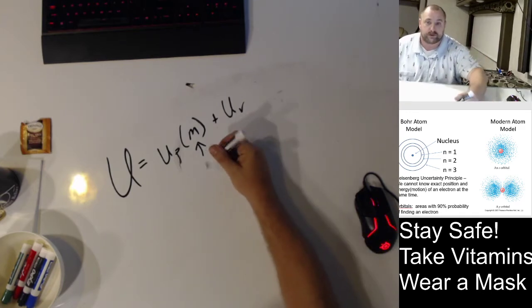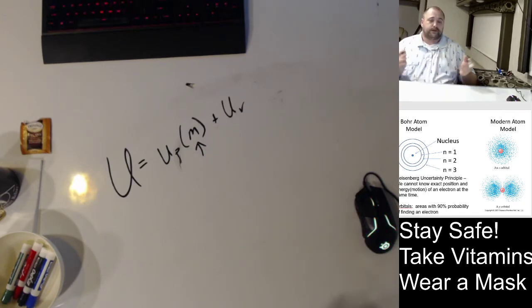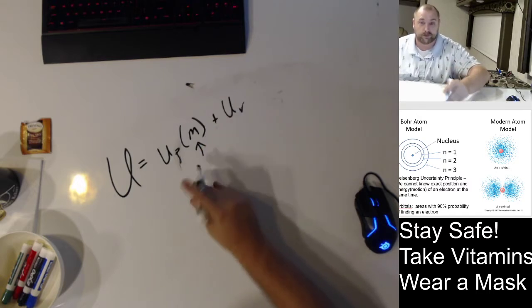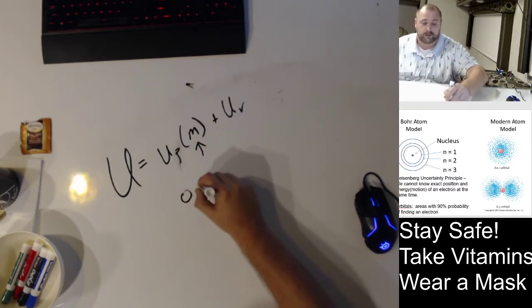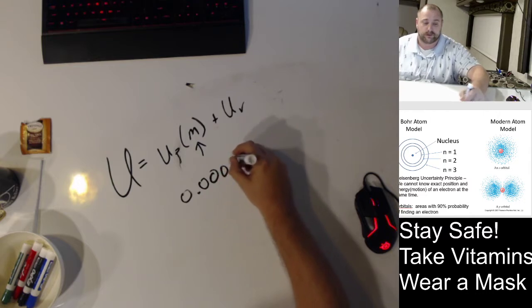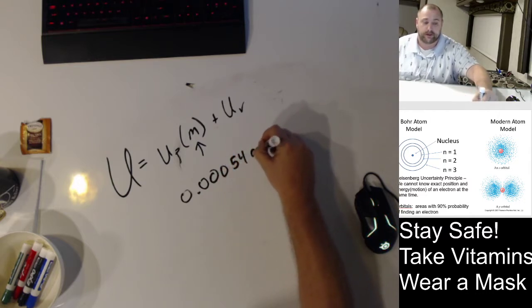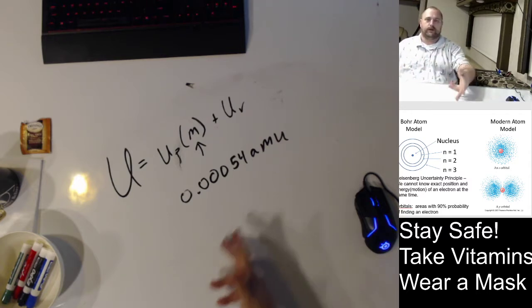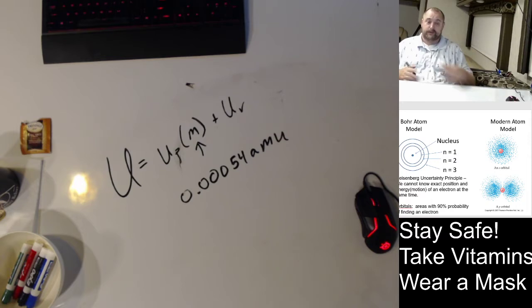So usually this uncertainty is more than covered by the mass. But for an electron, remember we're talking 0.00054 AMU. Whoa. Really, really small mass. You round it to 0. It has a mass, you can treat it as a particle.